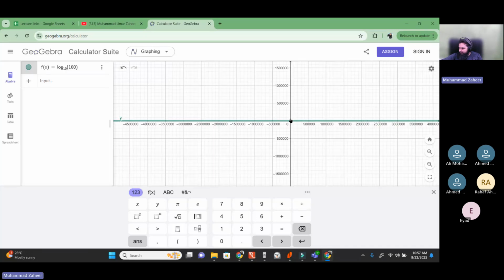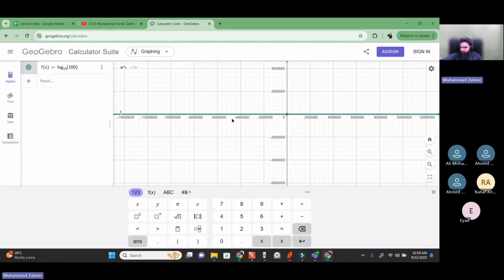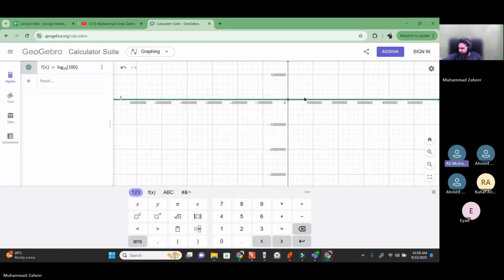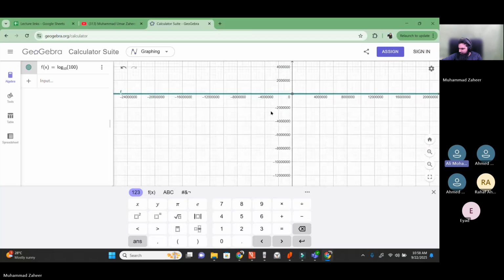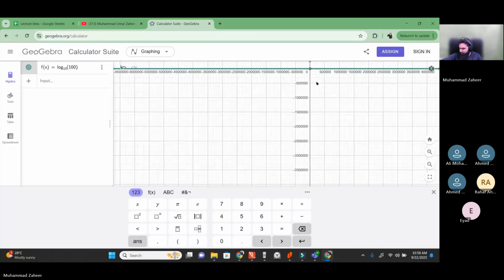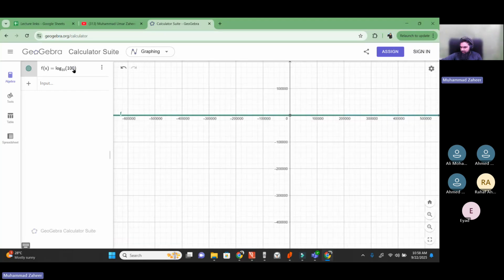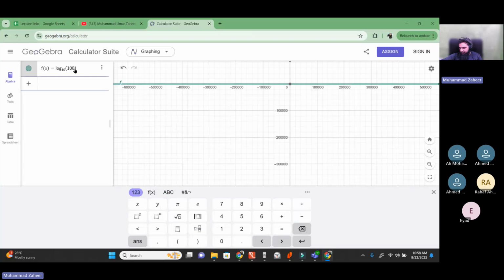Log 100 base 10 is equal to 2. Oh, sorry. I have to write a variable, not a number.